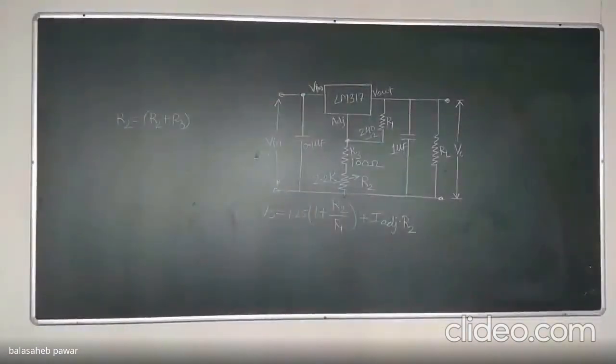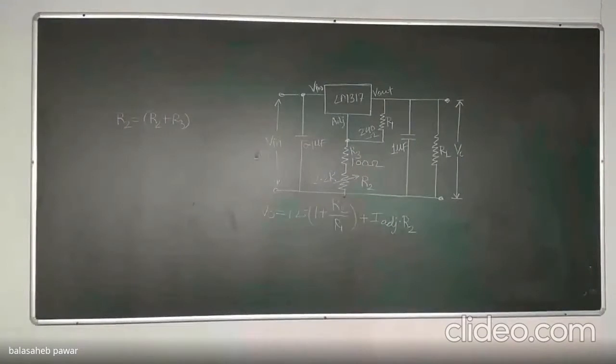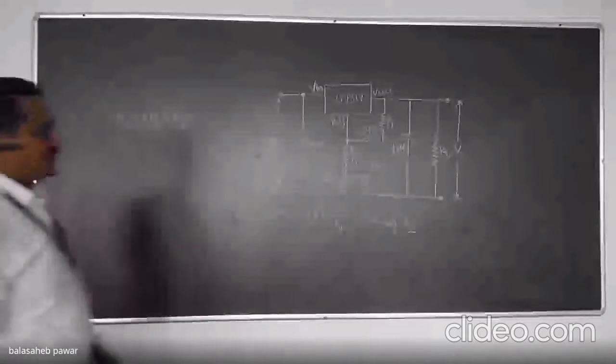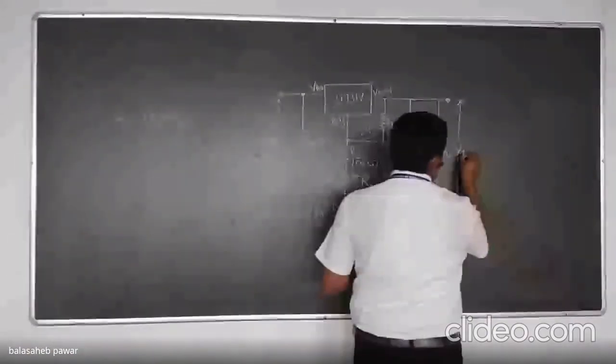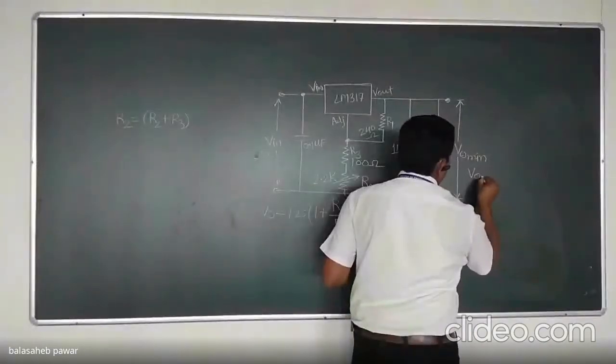And what we have to calculate is the range of output voltage which we can achieve by using the same circuit. The range of output voltage means how much will be the VO min and how much will be the VO max.